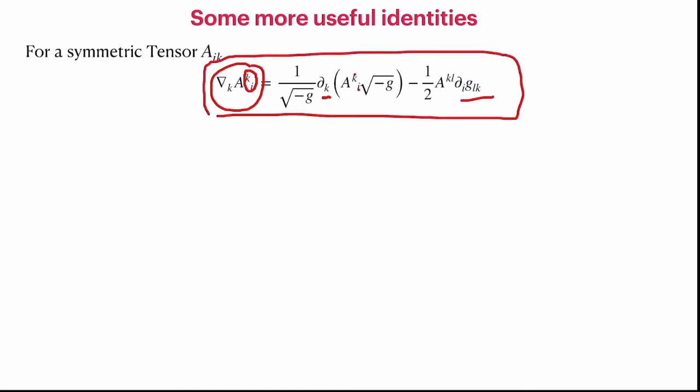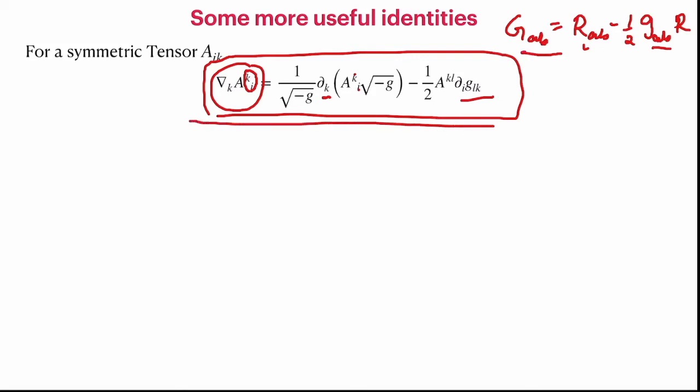We have already seen the Einstein tensor has a 0 divergence, and that means that, looking at the definition of the Einstein tensor, which is given as G_AB equal to R_AB minus half g_AB into R, this is symmetric, which is a Ricci tensor, and then this is the metric tensor, which is also symmetric. So the Einstein tensor has to be symmetric. So from that perspective, the divergence of the Einstein tensor is 0.